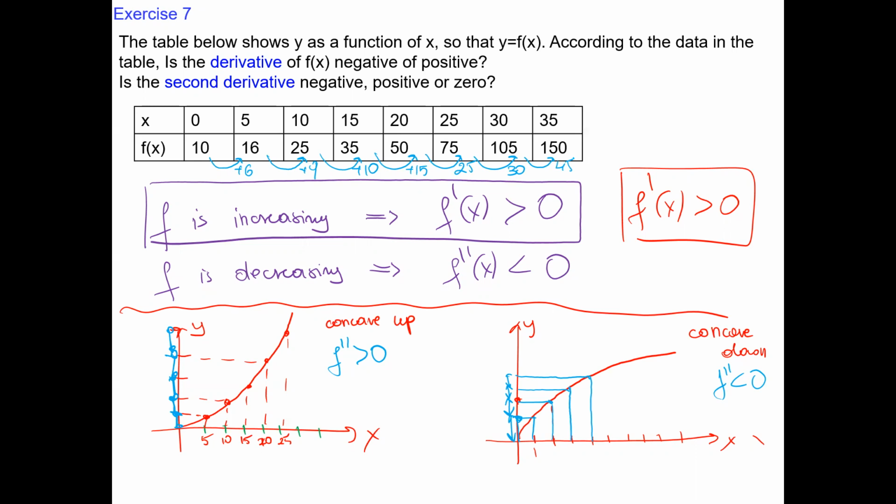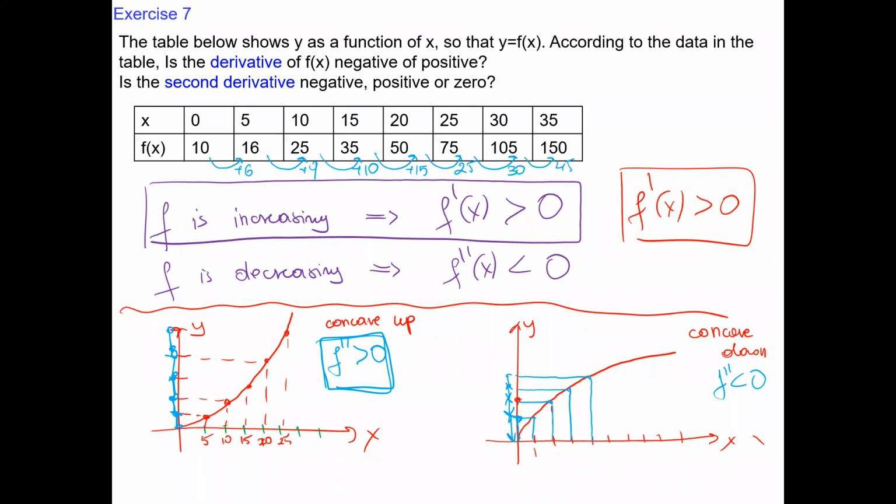So this is definitely the answer: the function is concave up. That is how we recognize it: if the size of increase in the y values is getting bigger as we move by the same number of units along the x-axis. But if the increases, the distances between the corresponding values, are getting smaller, then the function is concave down. It's worth noting.